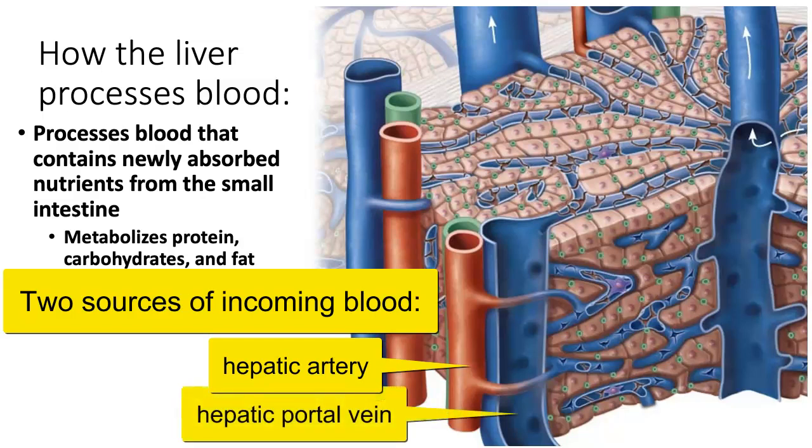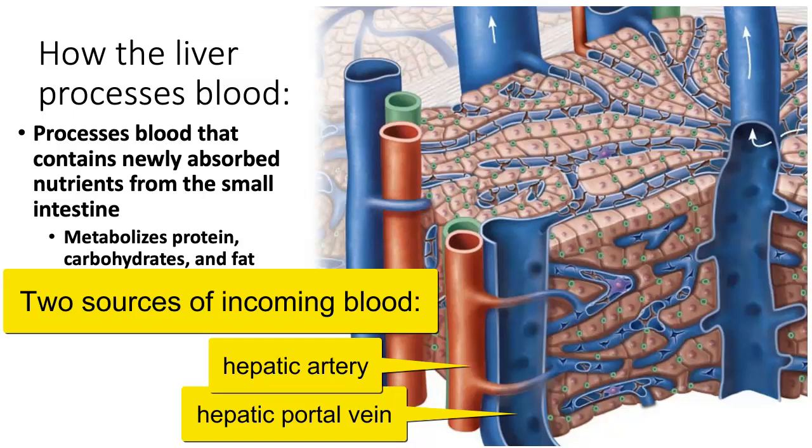The hepatic portal vein is part of a portal system. Remember, a portal system is one capillary bed that leads into a second capillary bed. The first capillary bed is in the small intestine, where it receives absorbed nutrients, and then that blood is shuttled directly to the liver through the hepatic portal vein. The hepatic portal vein contains all of that blood from the small intestine, which the liver will clean up, so to speak.